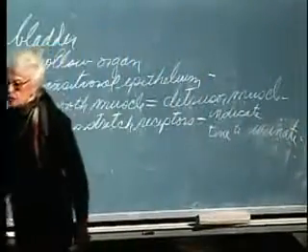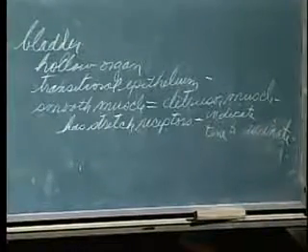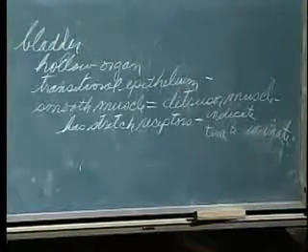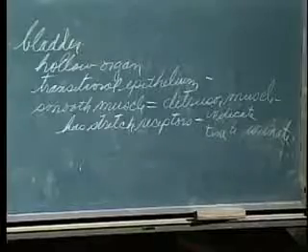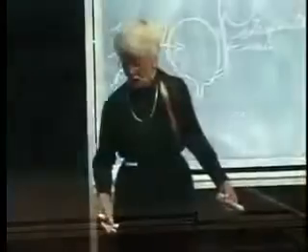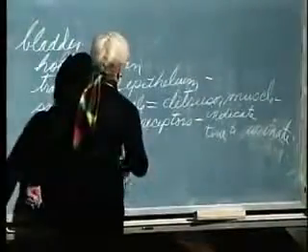Also, medically, they use the term micturition for urination. I checked the books today just to be sure that the new books are still using it, and they do. So interchangeably, urination or micturition.